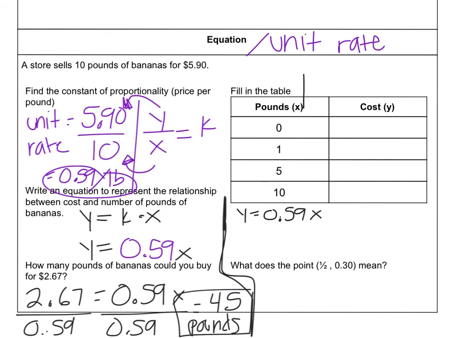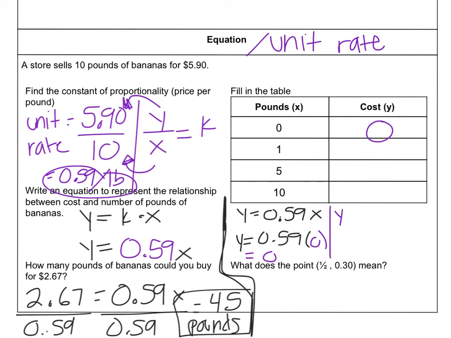And I have all my x values here listed. So I'm just going to plug those in for x. So y equals 0.59 times 0, which is 0, okay? So if you don't buy bananas, it doesn't cost you any money, is what that means.